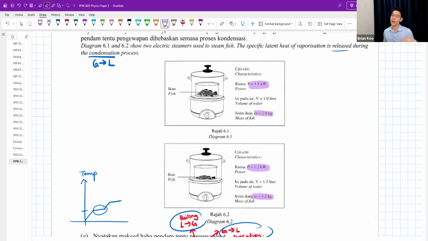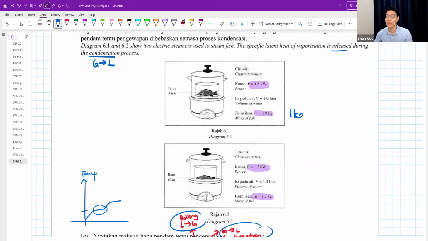If you ask me, how I would answer is I won't look at the volume of water. I will just see, okay, I'll produce this much of heat, and this is the mass of the fish. Let's say if the mass of the fish is 1 kg, how much power do I get?